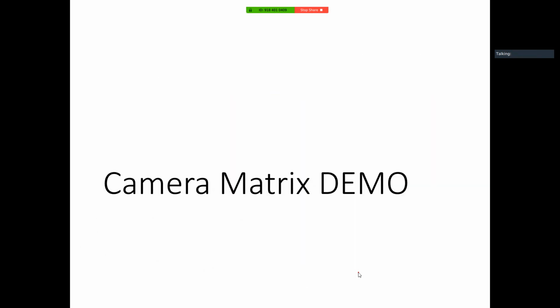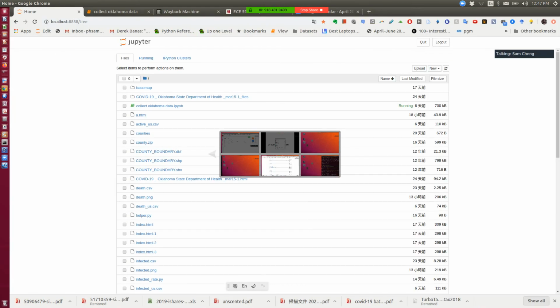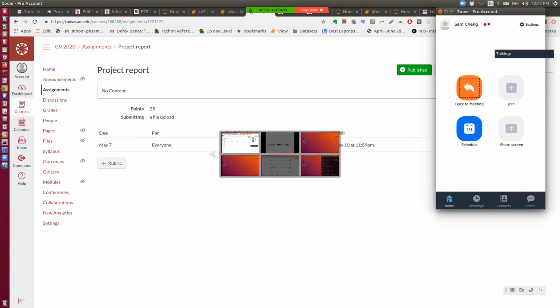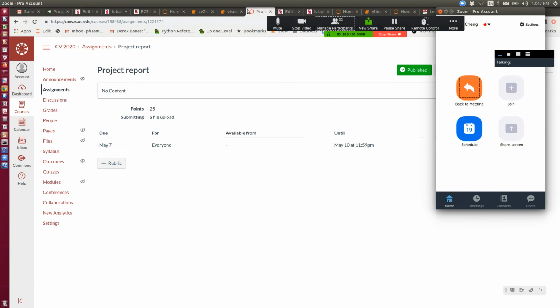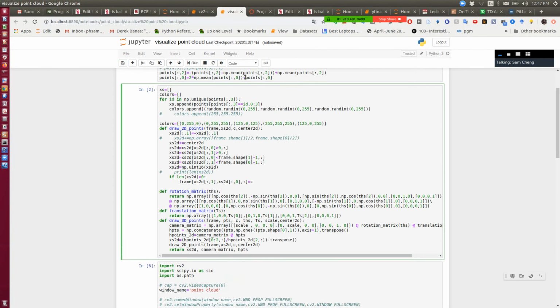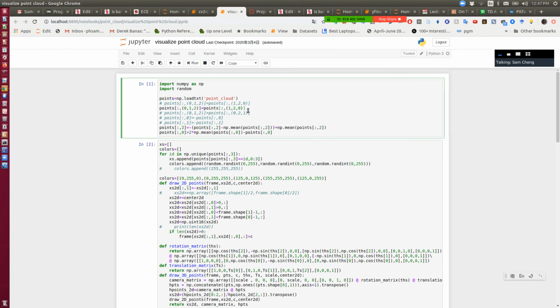So let's see. I have a kind of toy demo that I created. Let's see if I can. Yeah, maybe I can. Okay. So this toy demo, I pulled out some point clouds.